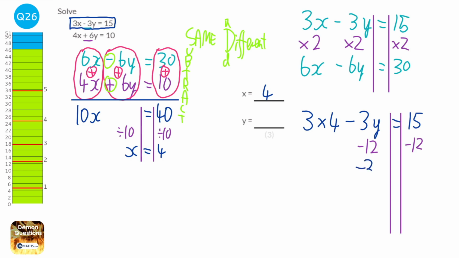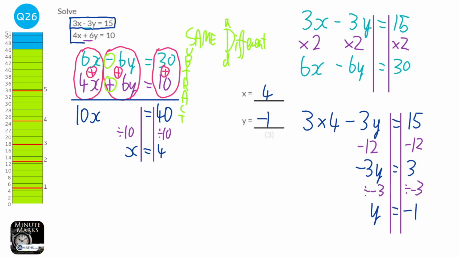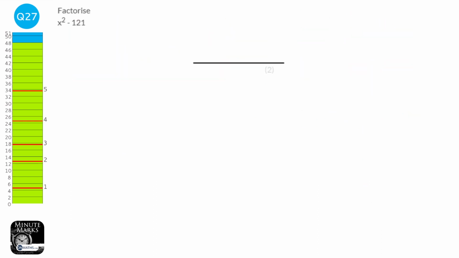So we've got minus 3y equals 15, take away 12, which is 3. And then we're going to divide by the minus 3 on both sides. So it's going to be y equals minus 1. And we can check this by substituting the x and the y into the second equation. So 4 times 4 plus 6 times minus 1, which is equal to 10.